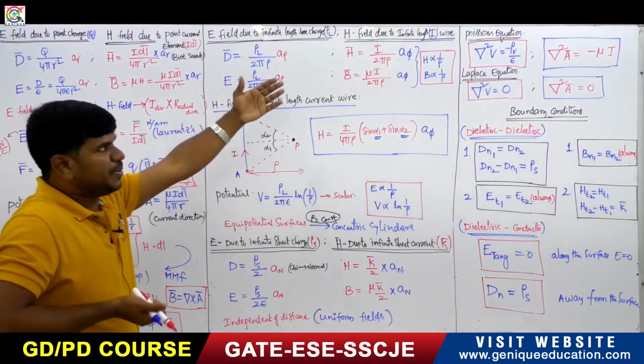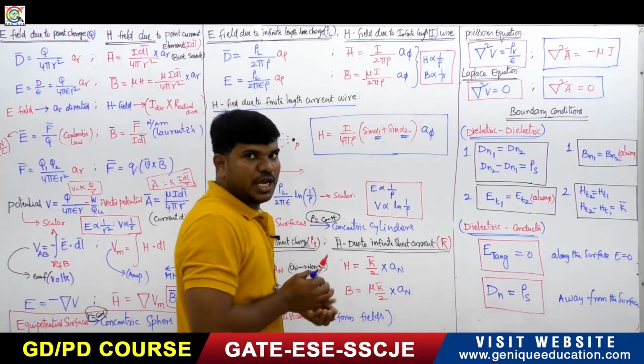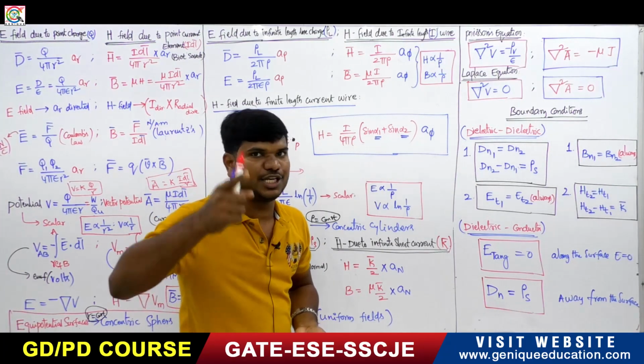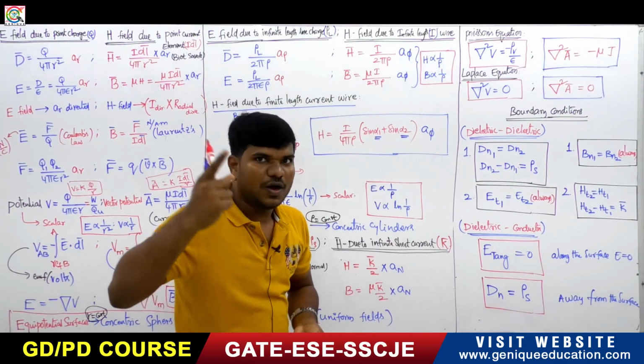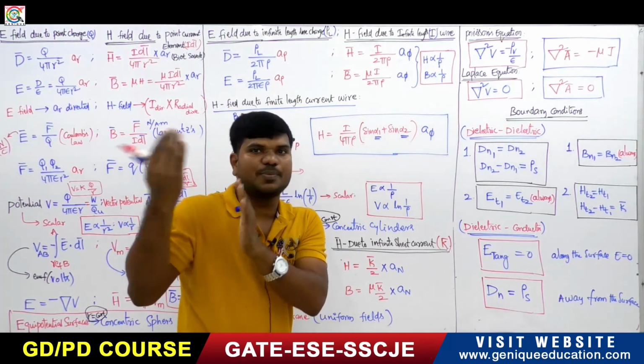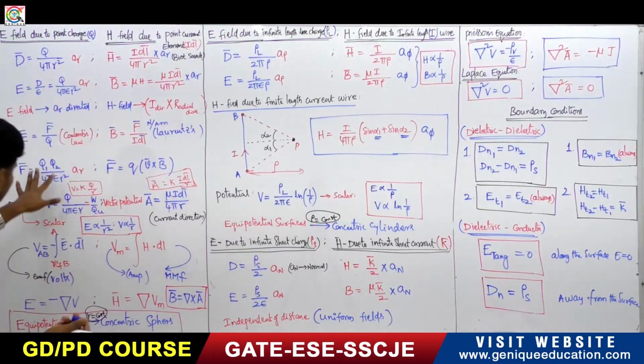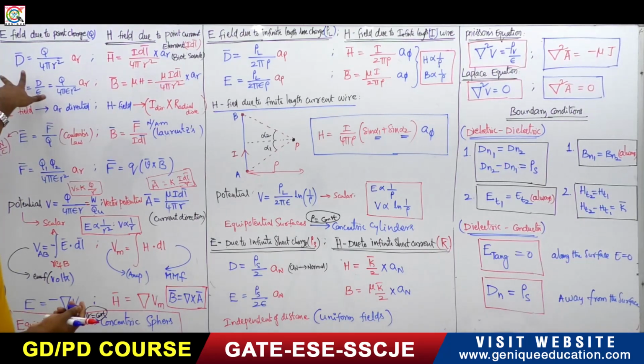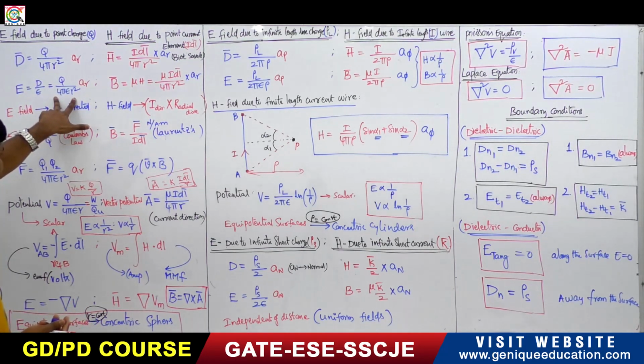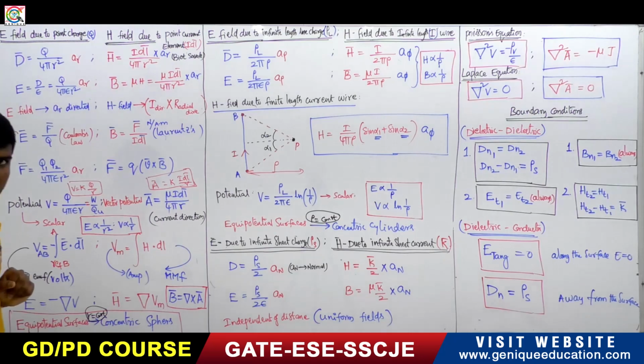Why is it useful? If you want to find the electric field intensity due to a point charge, or electric potential due to a point charge, there are some equations for the electric field intensity and the electric potential.